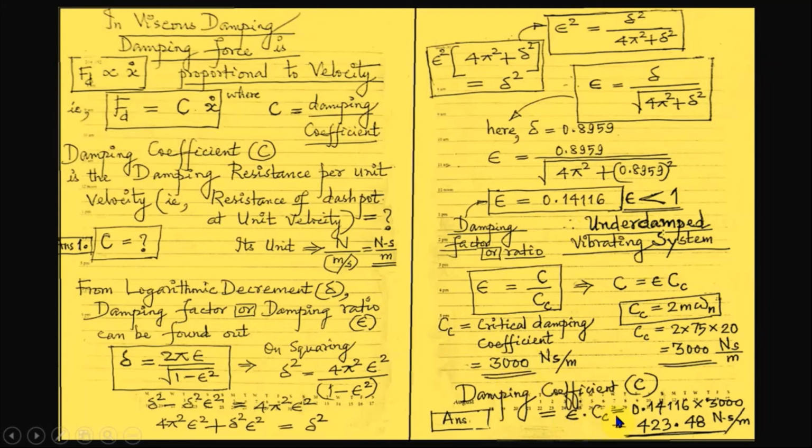If you take the product, you will get 423.48 Newton second per meter. That is the value of the damping coefficient. Remember, in the question you are asked to find out the damping force at unit velocity. That is nothing but the damping coefficient value itself.